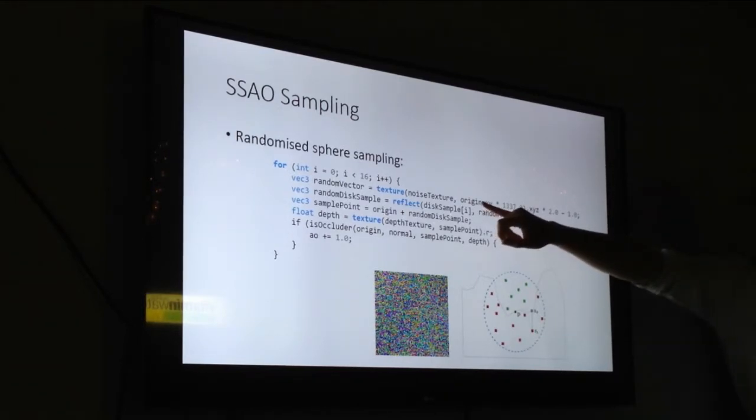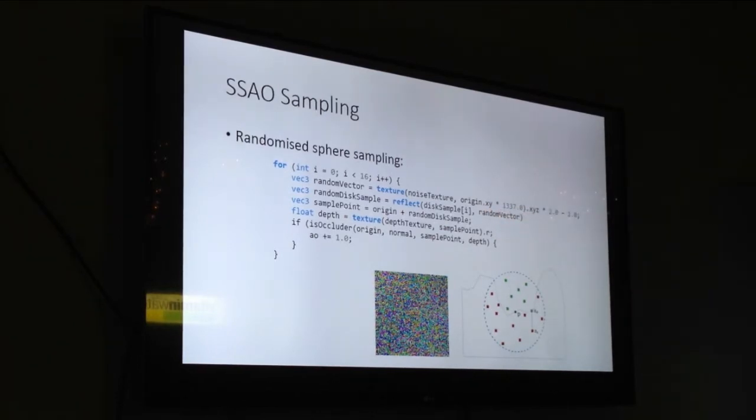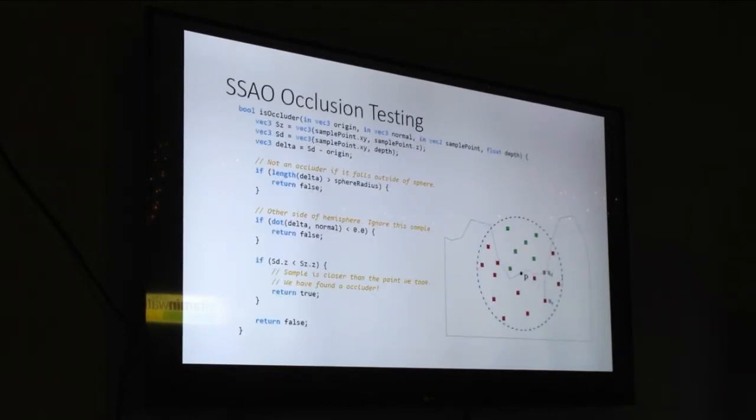This is the origin, which is the pixel X and Y position, multiplied by some random value. Look up the noise texture, and then interpret the R, G and B channels of the noise texture as your random vector. Okay. So this will shuffle the sampling sphere every pixel to get much better random sampling.